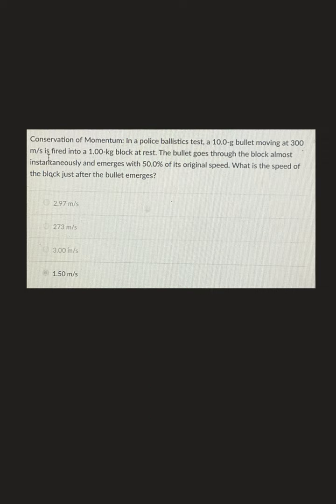Okay guys, so here we are looking for what is the speed of the block just after the bullet emerges. So we must use conservation of momentum.